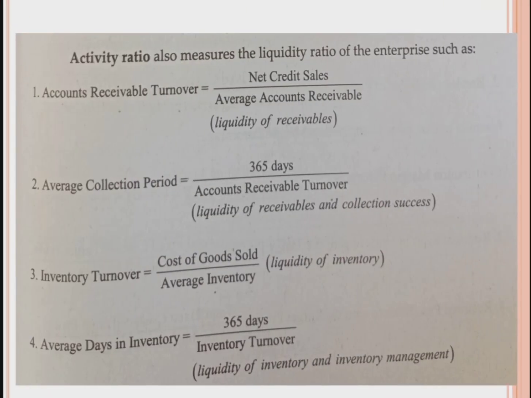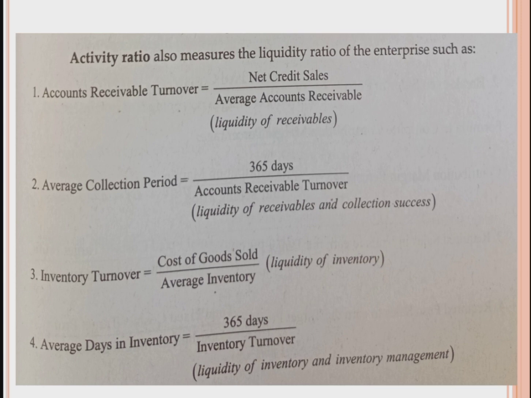Next, activity ratio also measures the liquidity of the enterprise, such as number 1, accounts receivable turnover equals net credit sales divided by average accounts receivable. It is the liquidity of receivables. Number 2, average collection period equals 365 days divided by accounts receivable turnover.